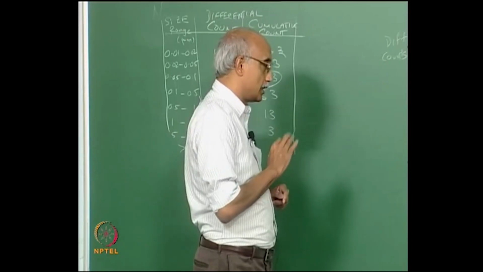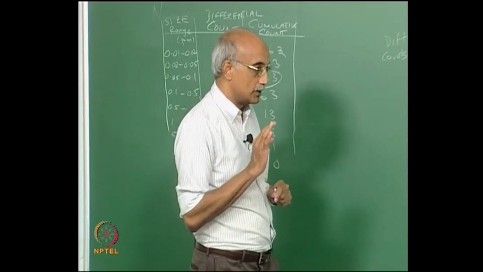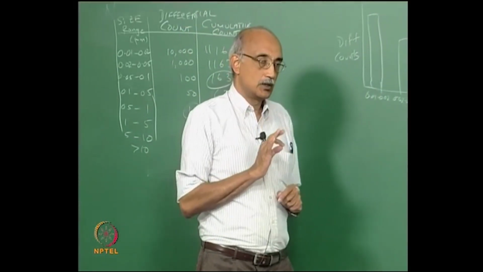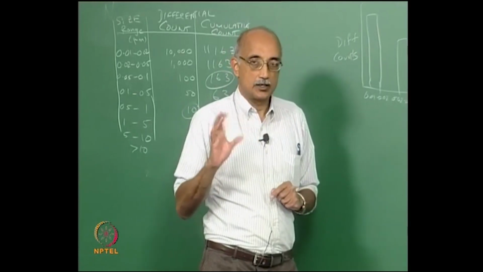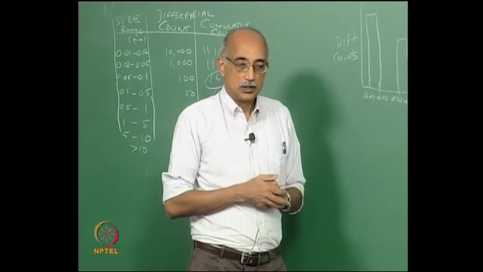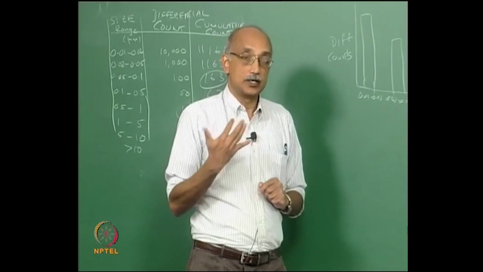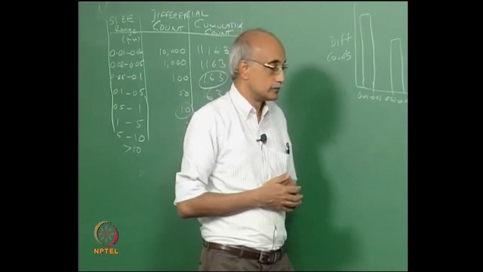So the key suggestion is when you take particle count data, be very, very careful in taking discrete data and converting it into continuous functions. You have to apply certain statistical tests to verify the validity of what you're doing.